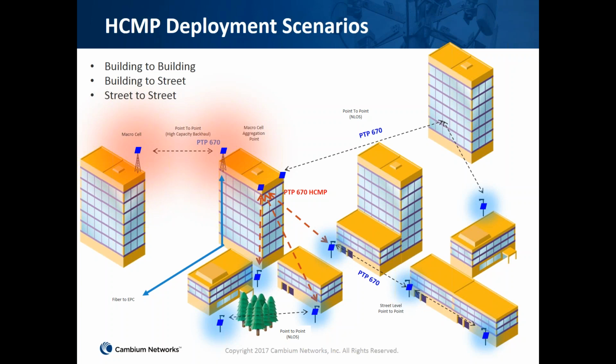If you want to use an HCMP scenario, all the radios have to be 670. That's compulsory. You cannot even use a 650 to replace a 670. In HCMP mode, you have to use only a 670. So the scenario would be, if you already have a 450, you replace it with a 670, and you can always redeploy the 450 somewhere else. Right, that's a yes. Okay, thank you very much.